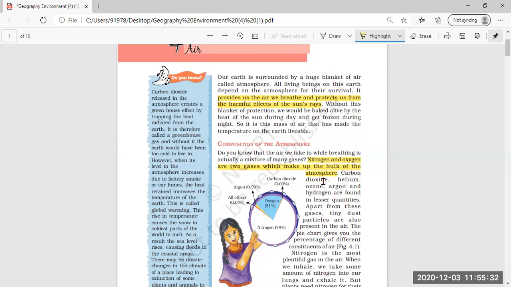That means nitrogen and oxygen are present in large quantity in the atmosphere.